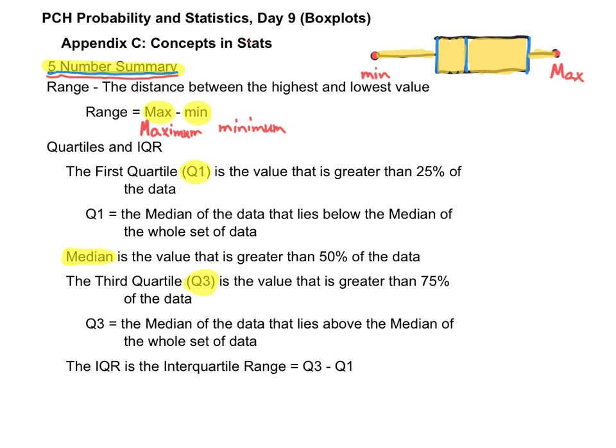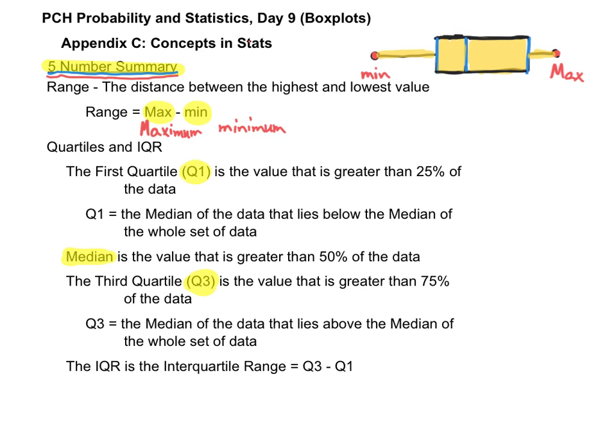Now, what we have to understand about these quarters is that they're not all the same size as far as their individual ranges. For example, this second quarter right here is kind of tightly grouped, whereas this quarter here is spread out a little bit more.